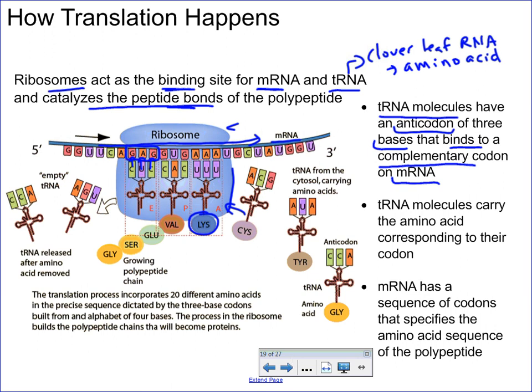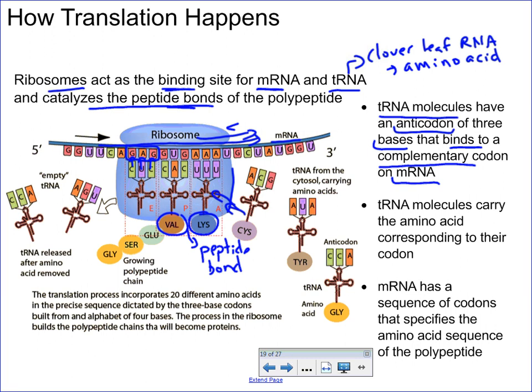So once that transfer RNA enters into the ribosome, it'll be adjacent to another amino acid, and then the ribosome will catalyze the formation of a peptide bond between those 2 amino acids. And so the ribosome will continue moving down the mRNA, allowing transfer RNAs in, building that chain of amino acids.